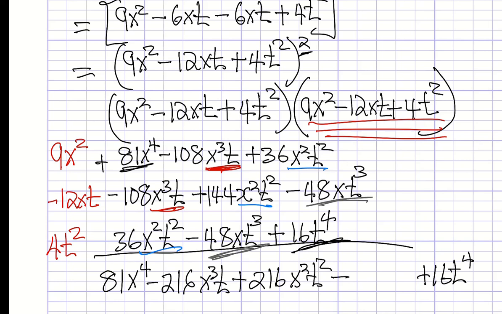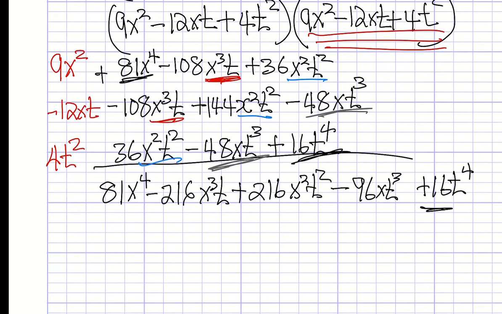It's going to be negative, let's say 48 plus 48. Alright, you see that, right? Okay, it's going to be negative 96. 96, what are the variables? X raised to the power 1 and t raised to the power 3. So we already got that there. Alright, I think we're done.